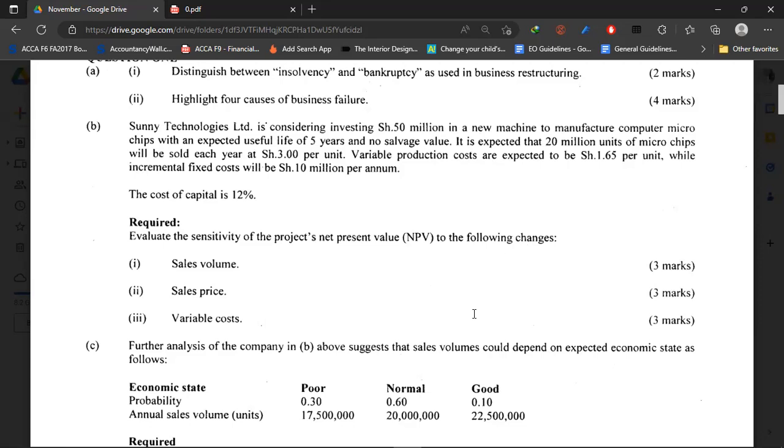Because the examiner is asking you to evaluate the sensitivity of the project, we remember we discussed sensitivity analysis, and I gave you a formula: take the NPV of the project, divide by the present value of the decision variables, and multiply by 100%.